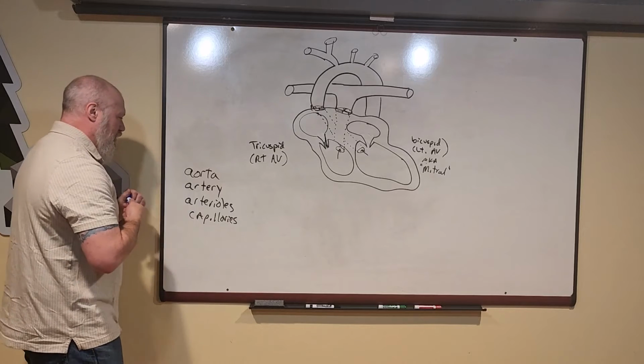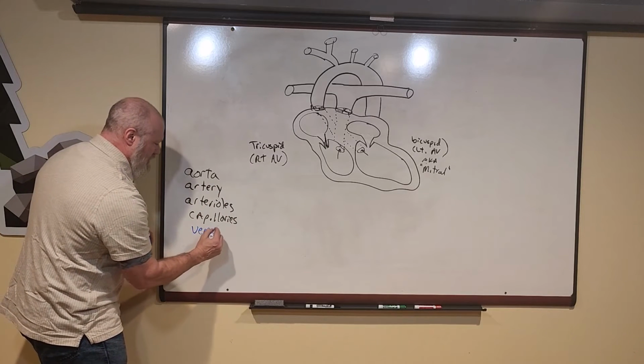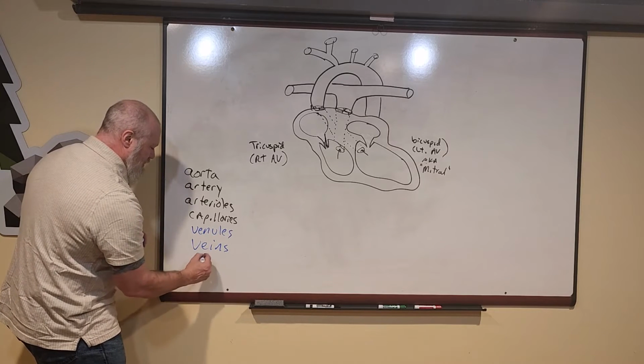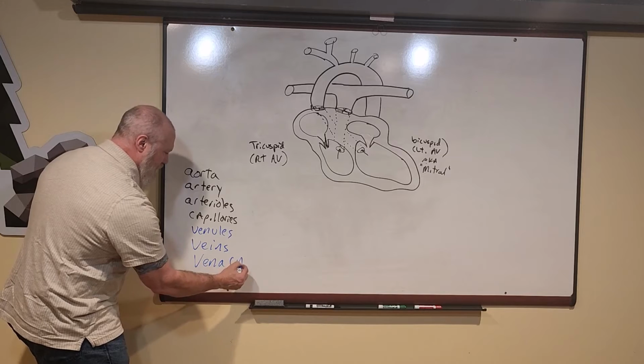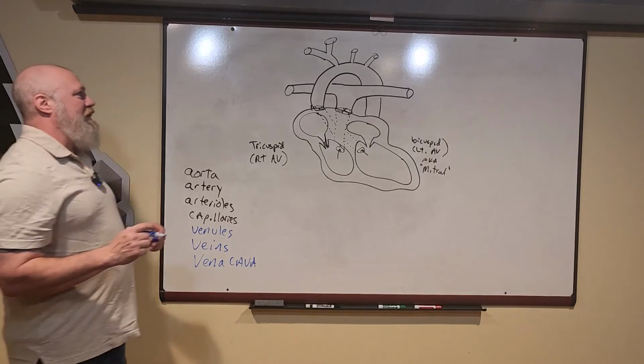And then they're going to return to the heart or to general circulation through a series of small venules, veins, and eventually into very large vena cava. Okay? You have an inferior and a superior vena cava.